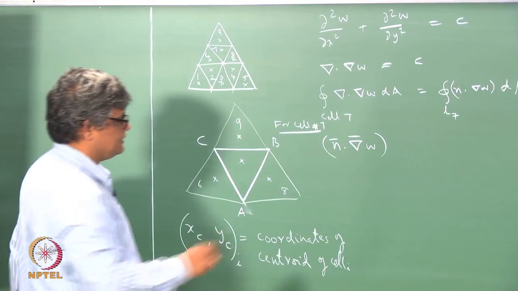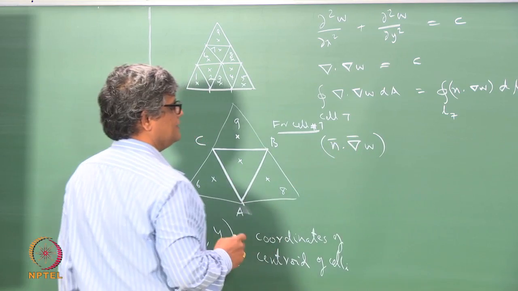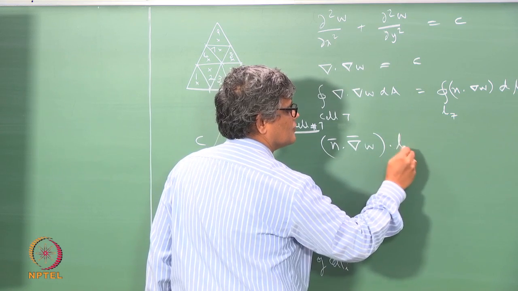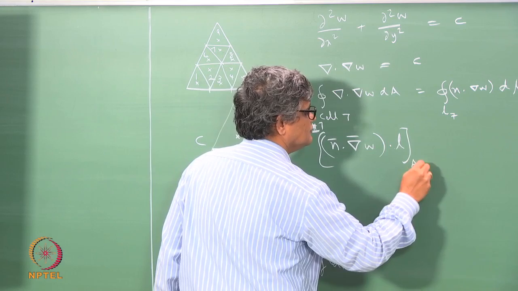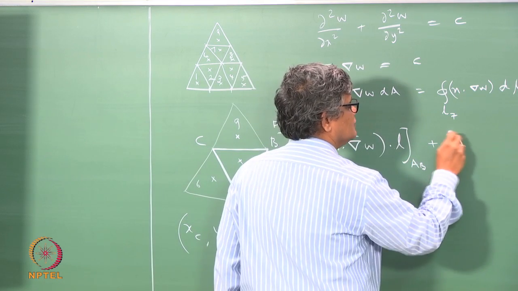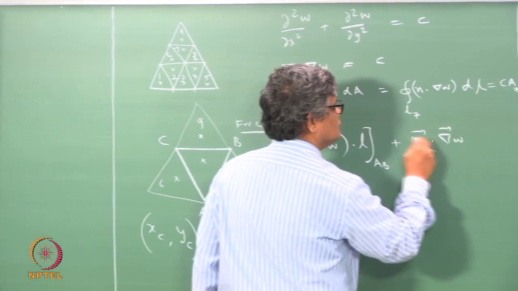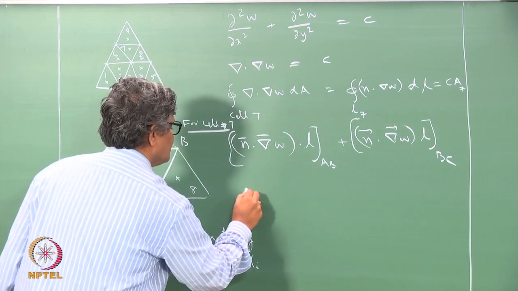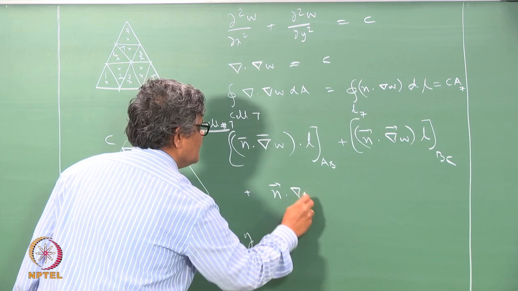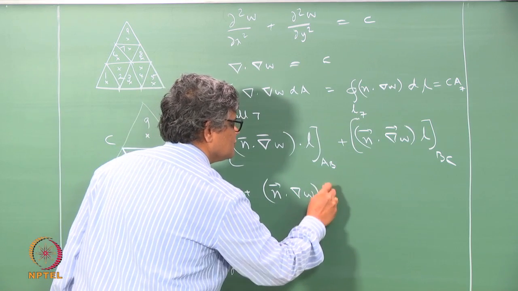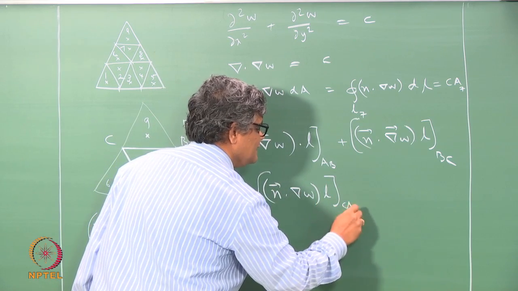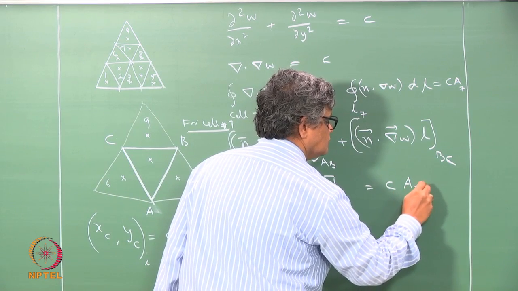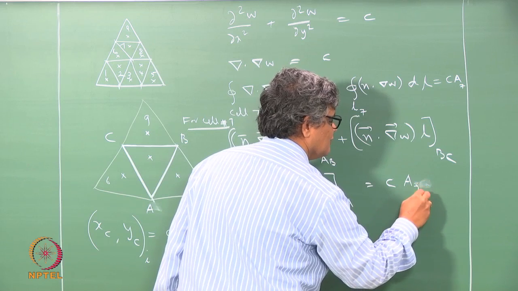We can write that equation as n dot gradient of W times L of AB, plus n dot gradient of W times L over side BC, plus n dot gradient of W times L over side CA, is equal to C times the area of cell 7.